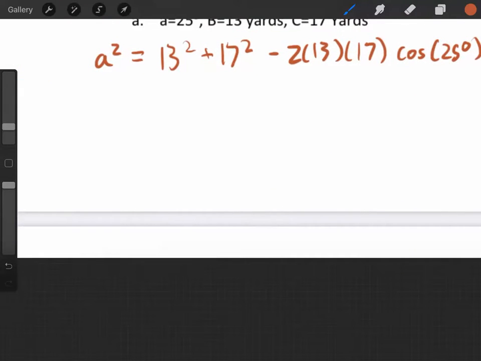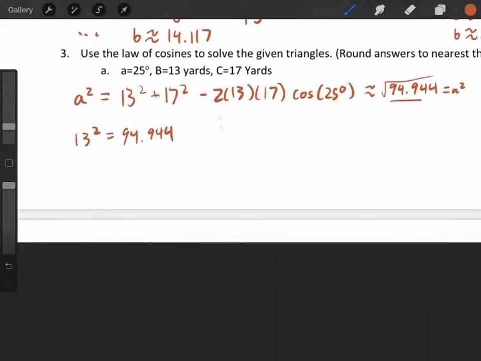So we look at this example. So 13 squared equals 94.944, as we found earlier, right here, because that's a squared.